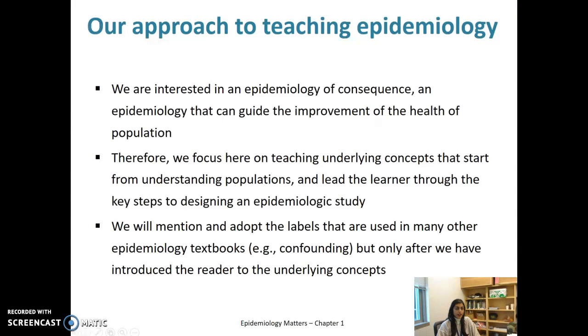So briefly, I'll just talk about our approaches to teaching epidemiology. And when I say our, I mean myself, but I also mean Galea and Kaiser, who Dr. Galea was my professor, and they are influential in my thinking because they speak about something unique, which is an epidemiology of consequence. And what does that mean?